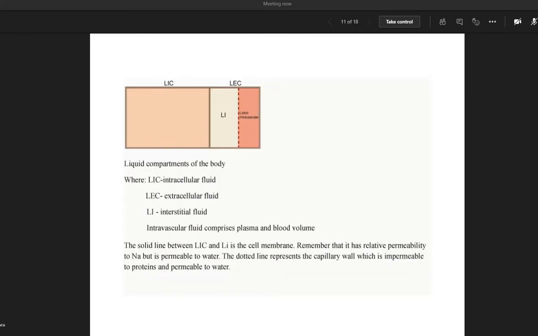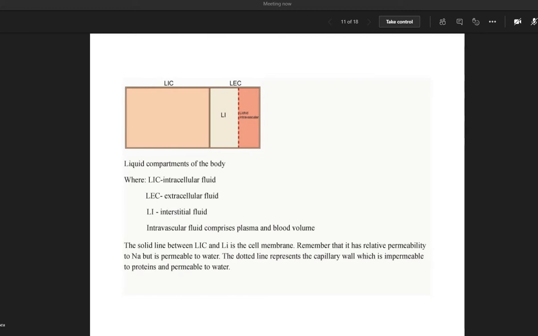Now, look carefully at this scheme or draw if you want here. We have the fluid or liquid compartments of the human body.